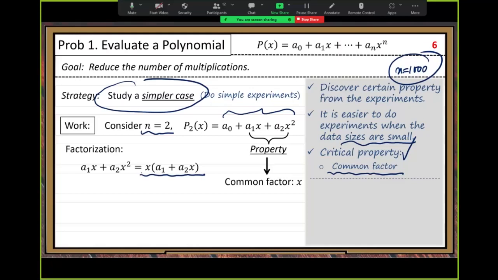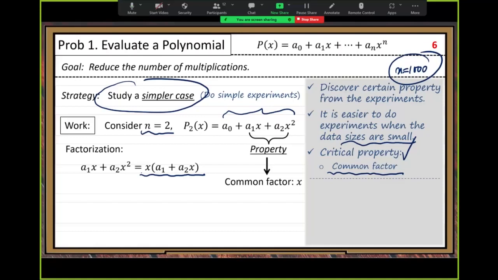In this way, we change the structure of the given formula. The structure is changed, but the value is not changed. The same value. We do not change the value, but we change the structure of the formula.